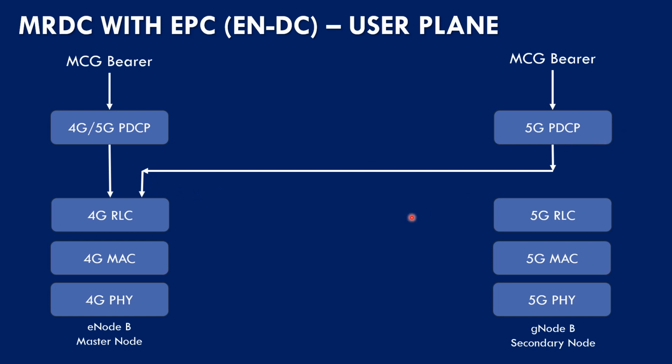So this was all about the MCG bearer, or master cell group bearer. We also discussed how to recognize whether a bearer is MCG or SCG, and it is done based on the RLC layer. If the RLC layer is in MCG, it is an MCG bearer, and if the RLC layer is in SCG, it is an SCG bearer. SCG bearer we will be discussing in the next slide.